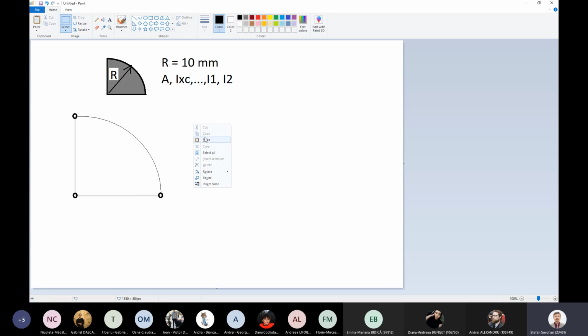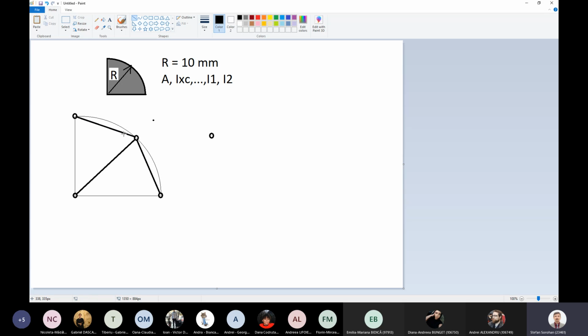And for a first mesh, let's put just one here at an angle of 45 degrees. Then I will put more lines, and this is the first triangle, and this is the second triangle.